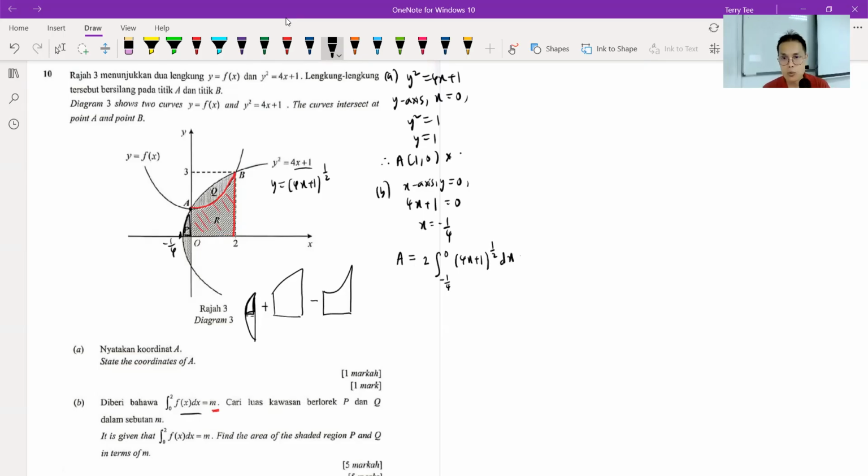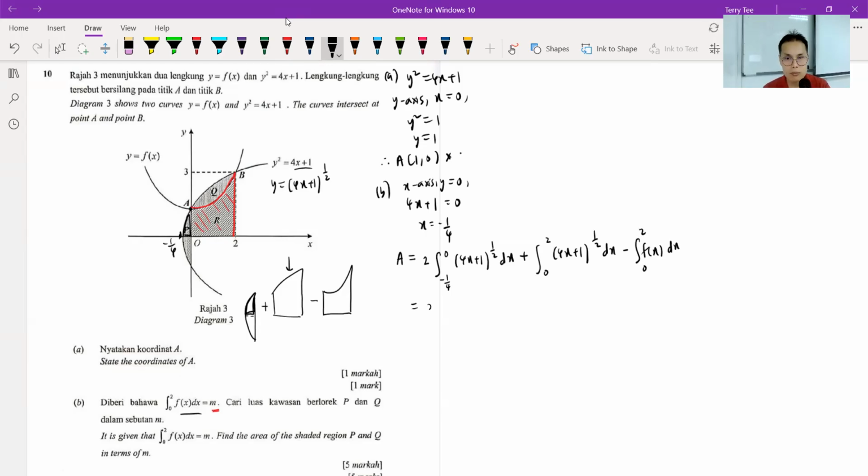Then you add this integration here, from 0 to 2, your function again is 4x plus 1 to the power half, dx. Then you minus the region R. Your R is the integration of f(x) dx from 0 to 2.